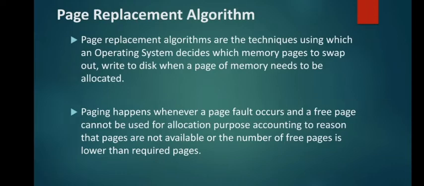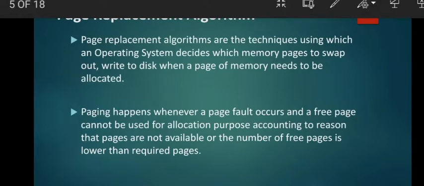So page replacement happens whenever a page fault occurs and a free page cannot be used for allocation purposes, because the pages are not available or the number of free pages is lower than the required pages.